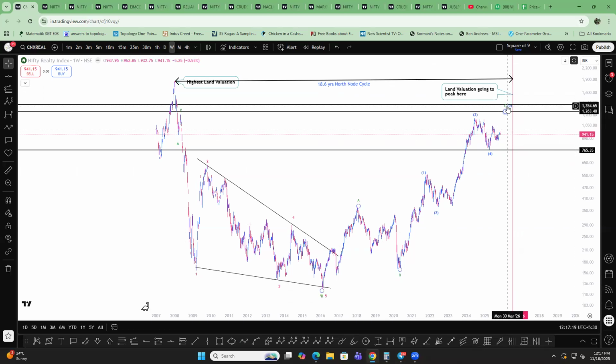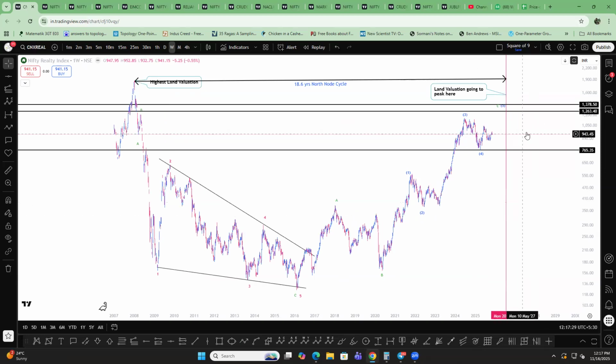Wave 5 must end so that the ABC will complete, and again another decline will follow. So this is a very important resistance zone, and a very important time zone which you can study for your research.